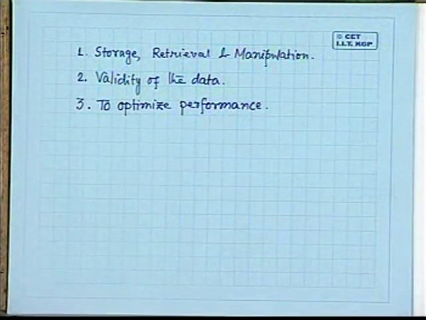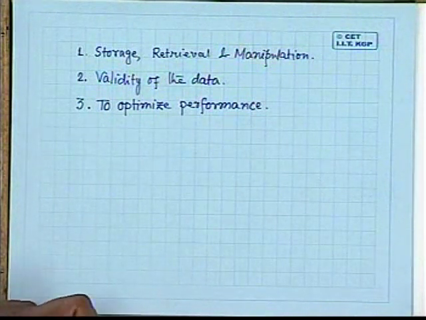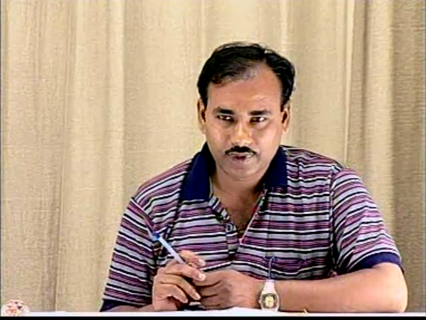When I say optimization of performance, I can have two kinds of optimization. The first kind of optimization is related to the user, a person who is working on a terminal, and the second kind of optimization is related to the system. So far as system is concerned, the performance optimization means the overall throughput of the system should be maximized. Okay.